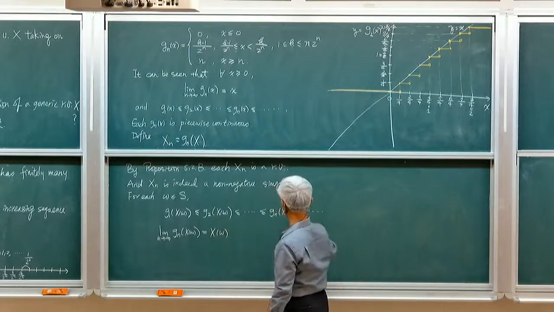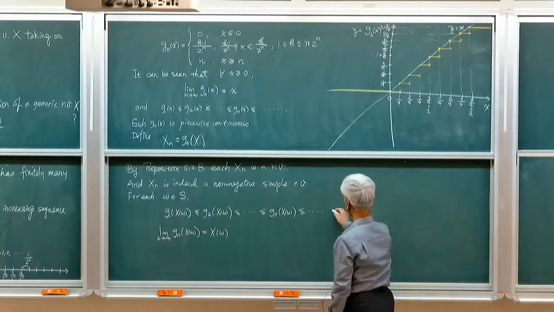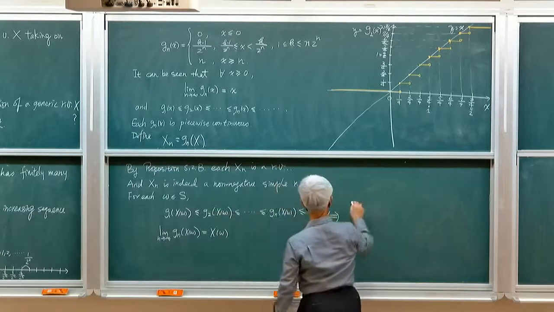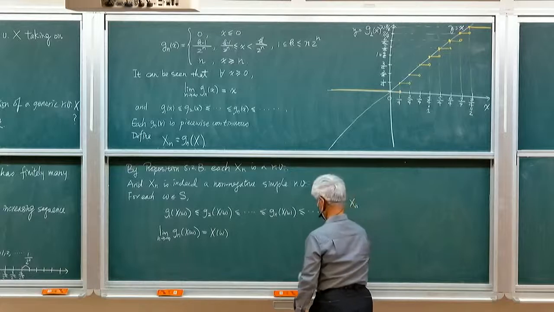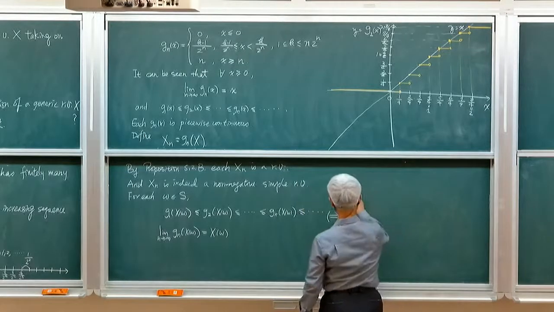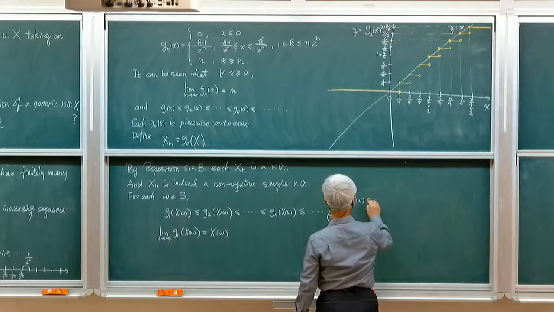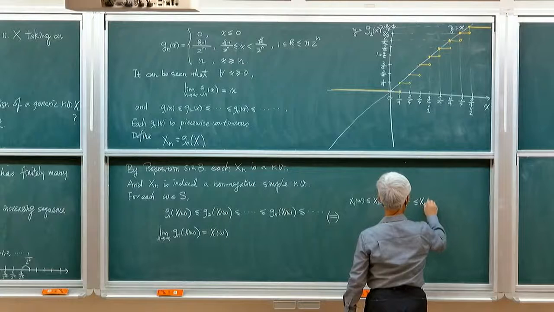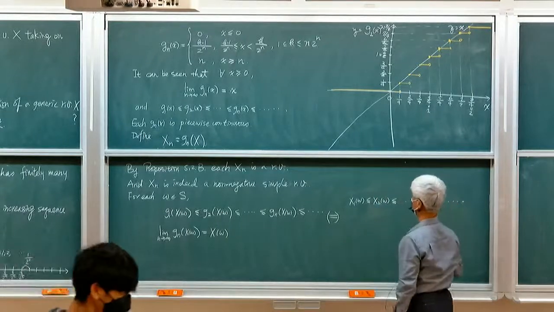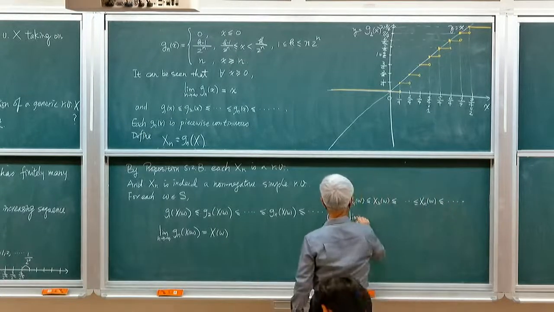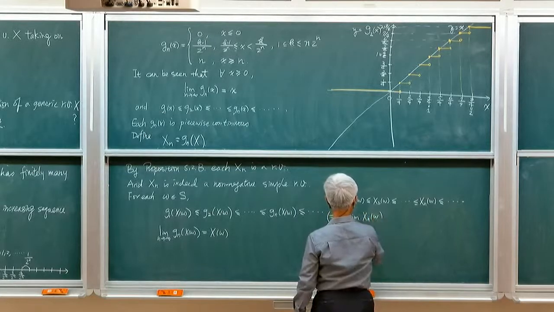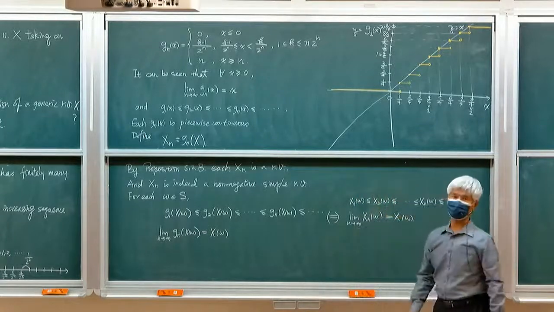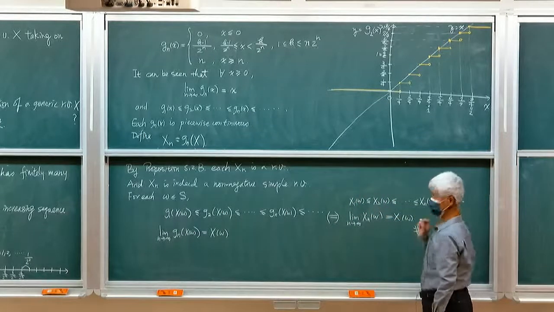So we have an increasing sequence: X1(omega) is less than or equal to X2(omega), and the limit of Xn(omega) equals X(omega). Okay, and we have done it completely.